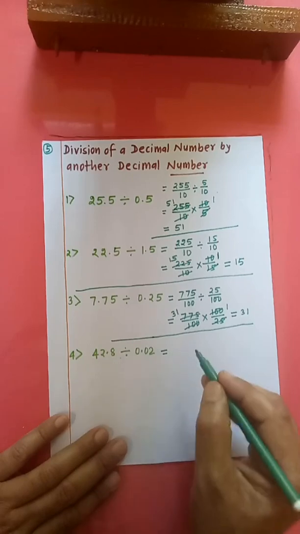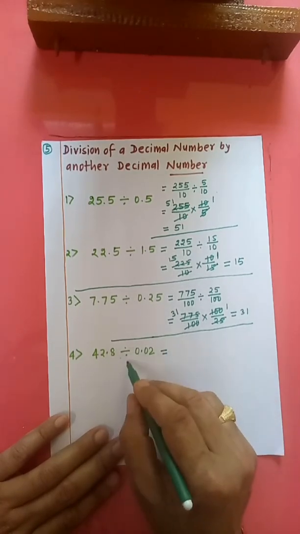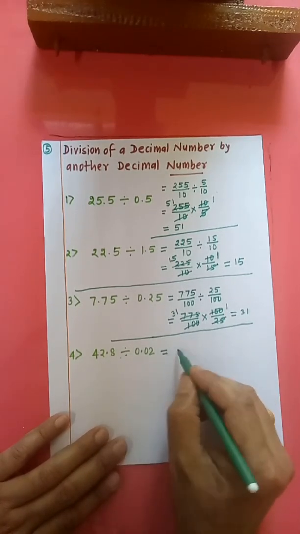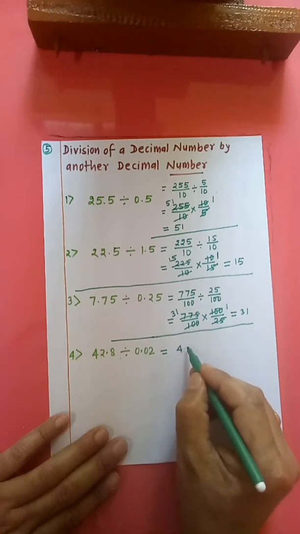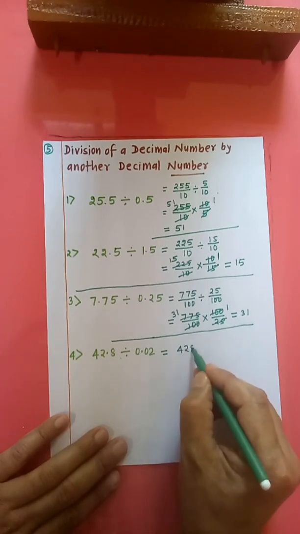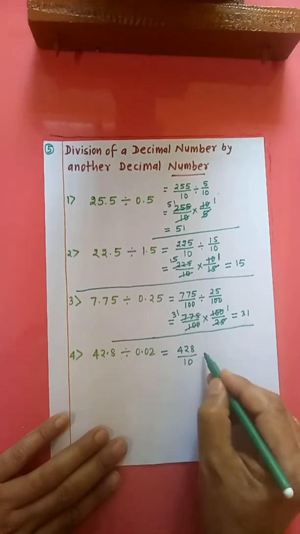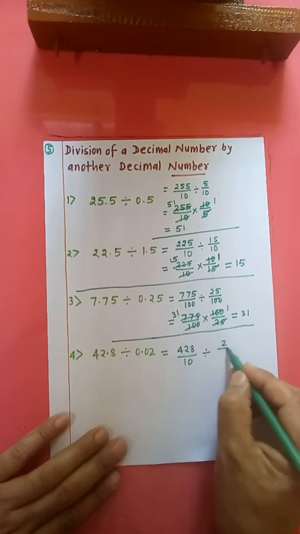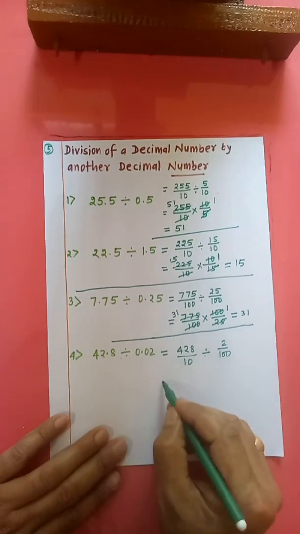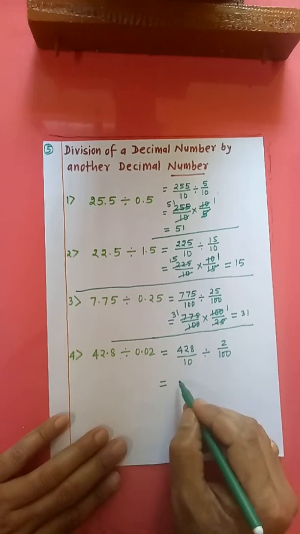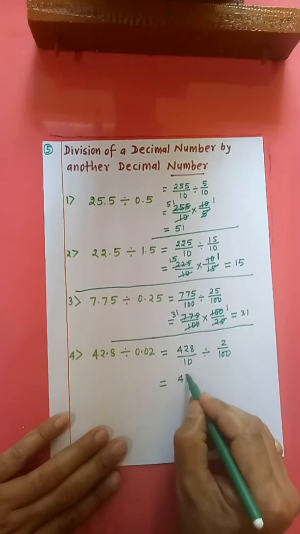Another example is 42.8 divided by 0.02. First remove the decimal and we find 428 upon 10 divided by 2 upon 100. Now convert division into multiplication.